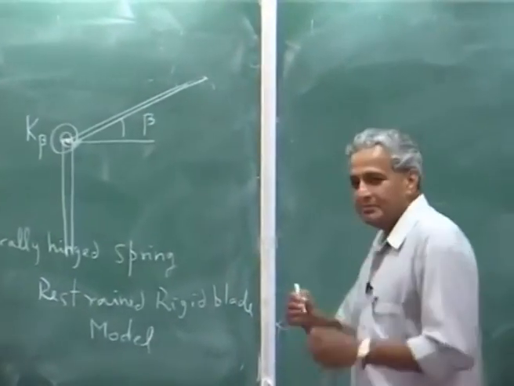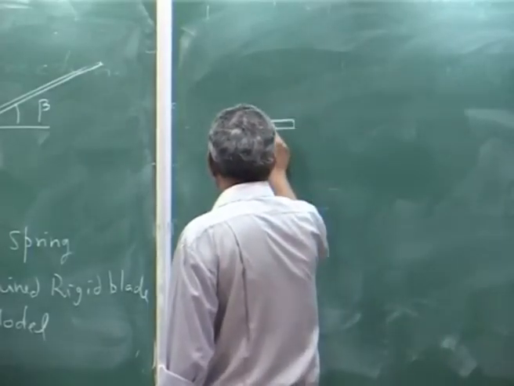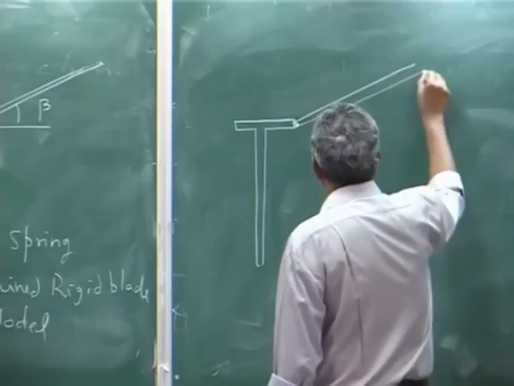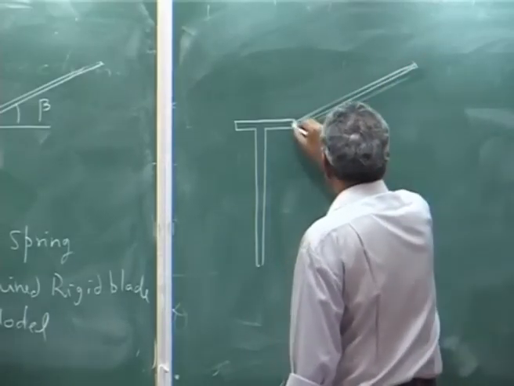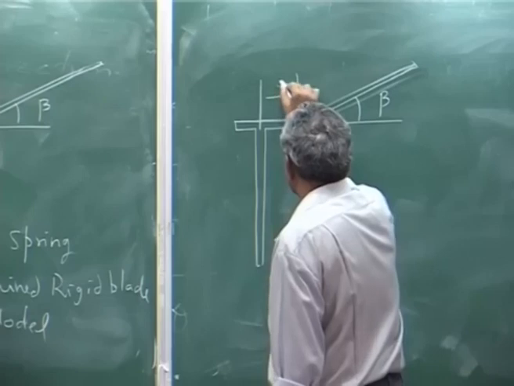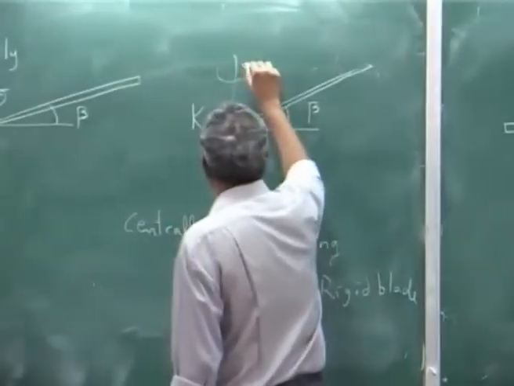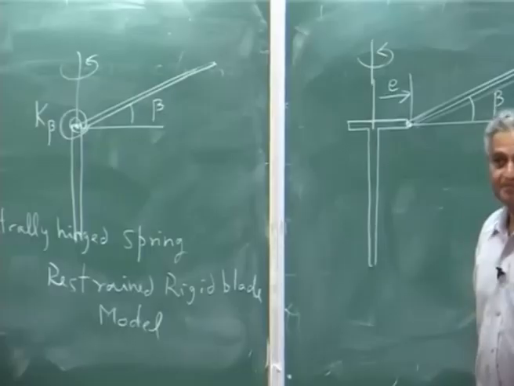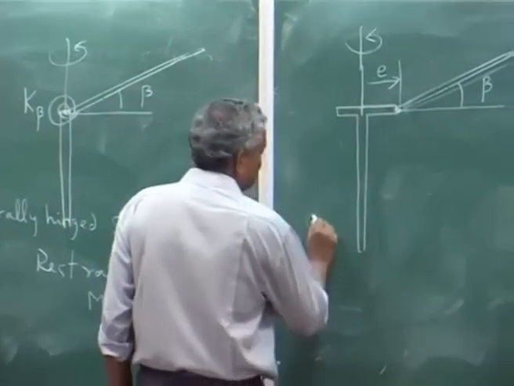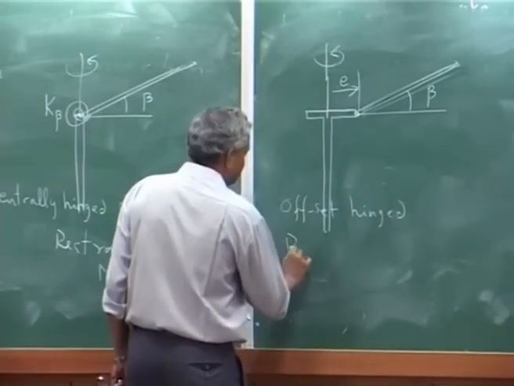As we go along, but a slightly more advanced model is, you can take this is an articulated blade. That means offset hinged rigid blade.